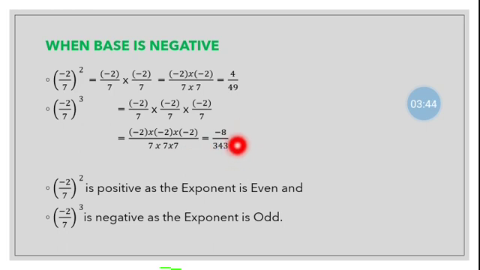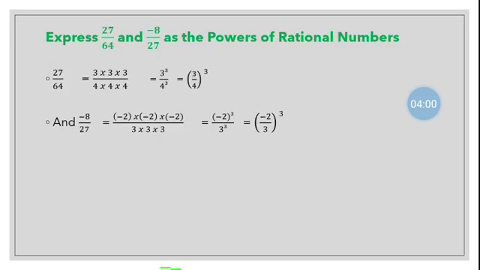So minus 8 upon 343. So minus 2 upon 7 the whole raised to the power 2 is positive as the exponent is even, and minus 2 upon 7 the whole raised to the power 3 is negative as the exponent is odd.